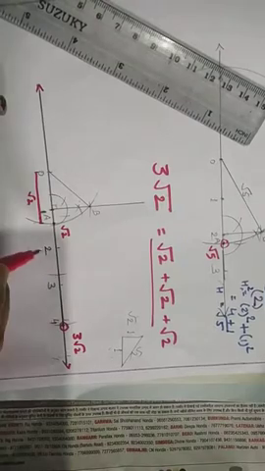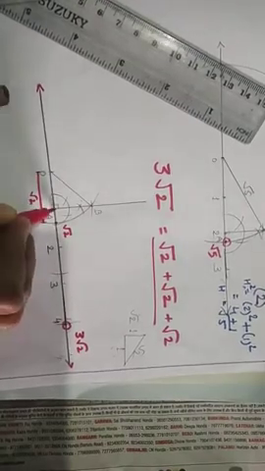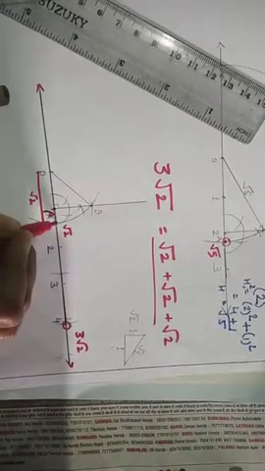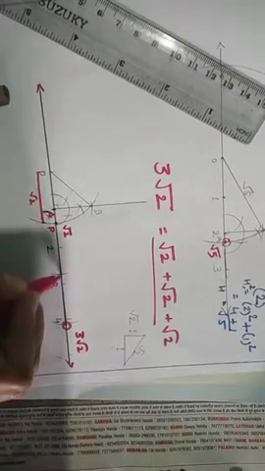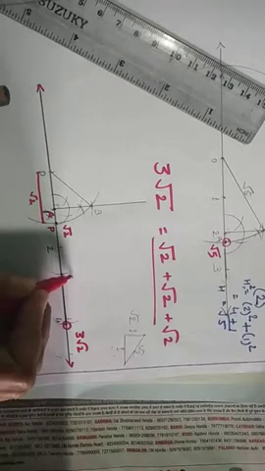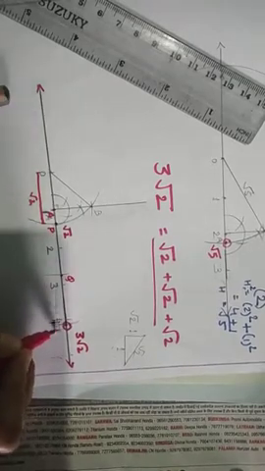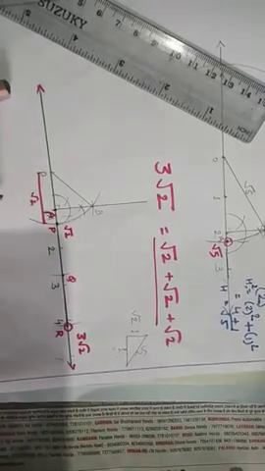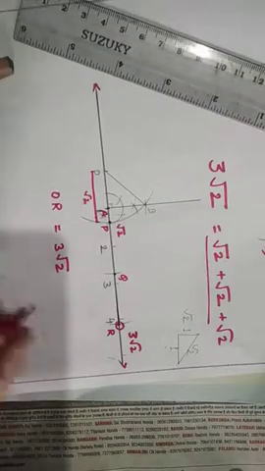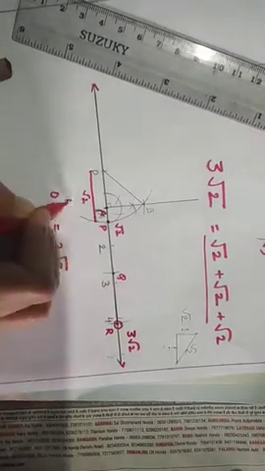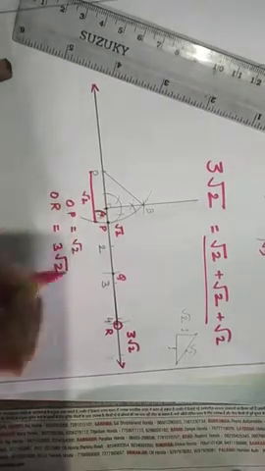Yes, you can write its name. This point is A. This point where under root 2 lies, that is P. This point, suppose Q, and this point will be R. So you can write here OR is equal to 3 under root 2. Before that you can write OP is equal to under root 2.